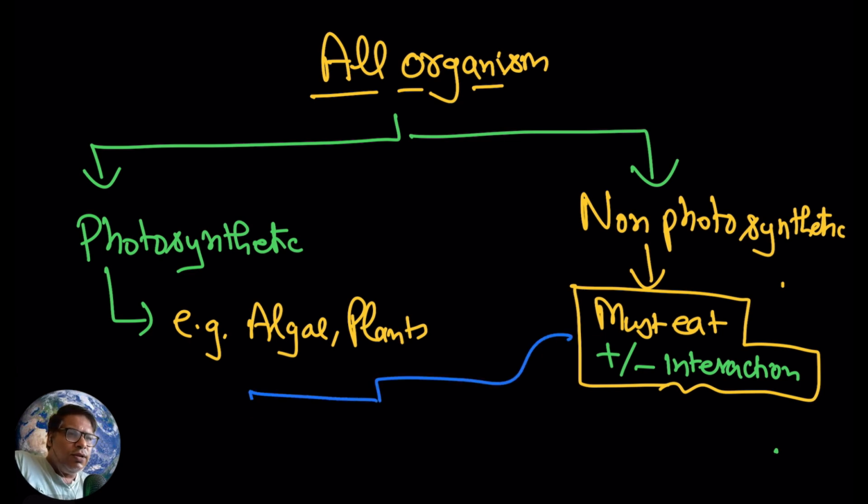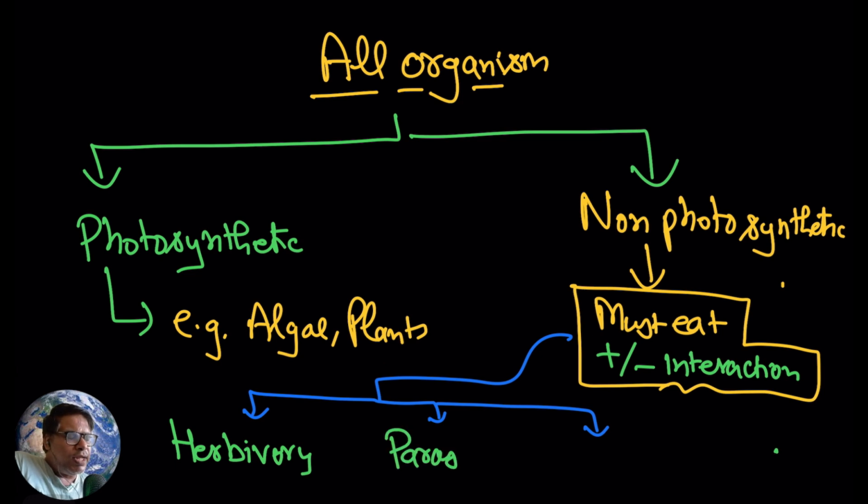So here you are going to see different types of behavior. You can see herbivory, you can see parasitism, and you can see predatory. So today we are going to understand more in detail parasitism and predation.